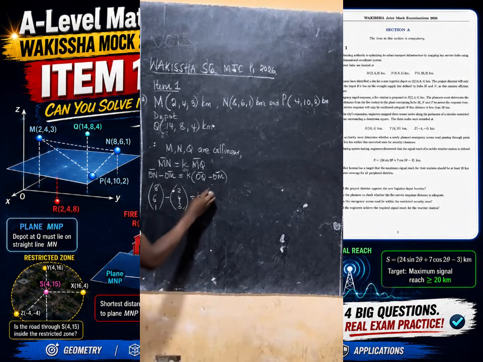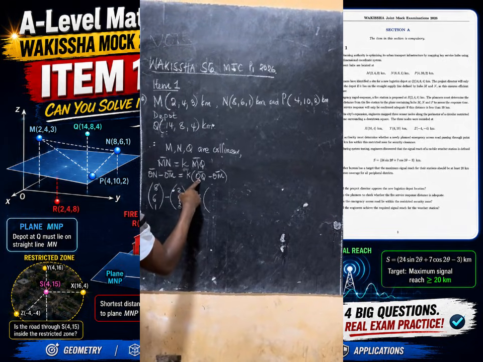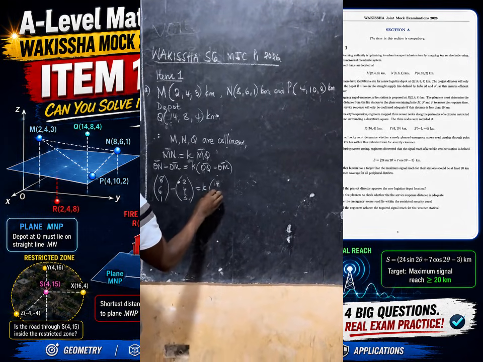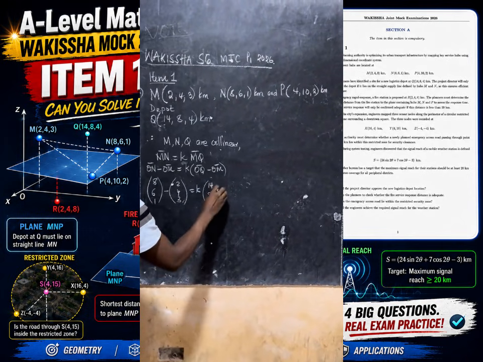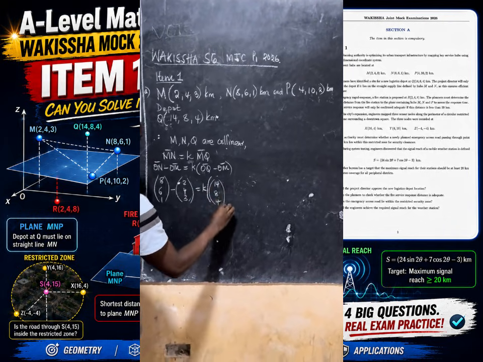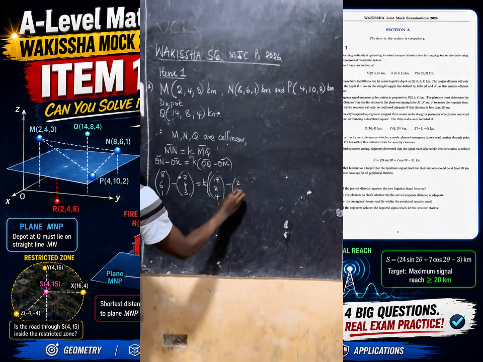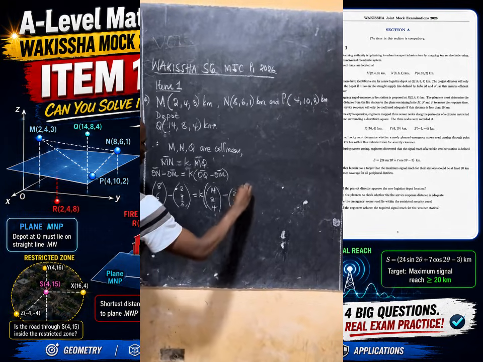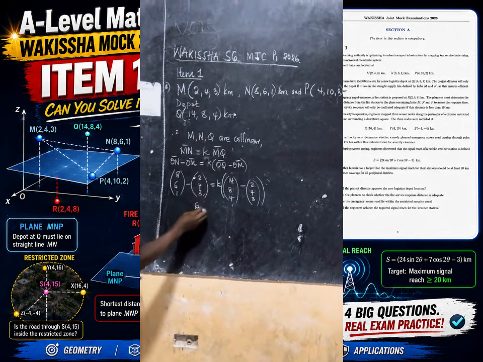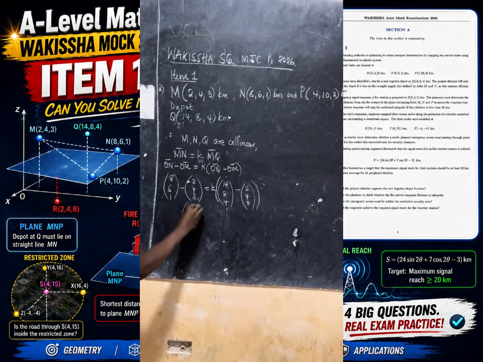OQ was given as 14, 8, 4, minus OM, 2, 4, 3. 8 minus 2 gives 6. 6 minus 4 gives 2. 1 minus 3 gives negative 2.